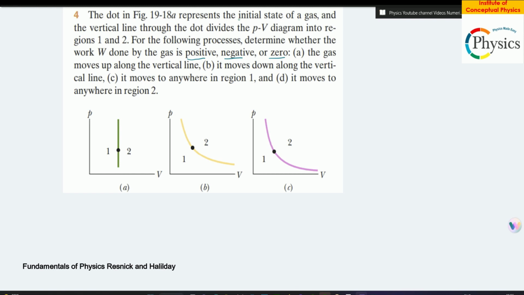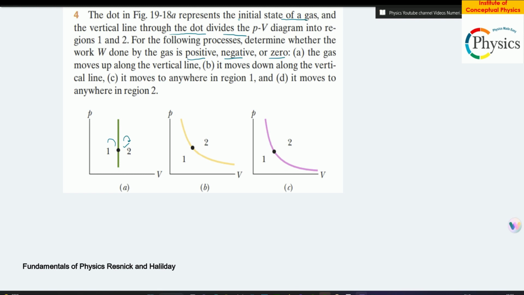So you have a gas, the initial state of the gas, and there is a vertical line through the dot that divides the PV diagram into regions 1 and 2. So this is the vertical line, right? And it divides the region into region 1 and region number 2.